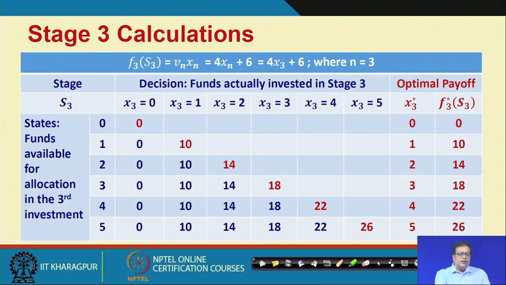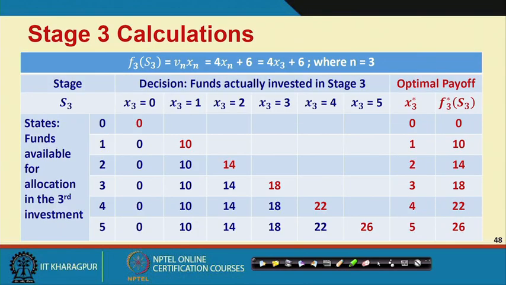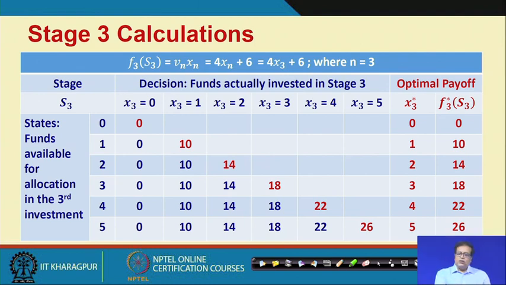Now, at stage S3, you have 6 investment options. Obviously, at stage 3, one may not like to make use of these investment options. One may say that whatever remains we might spend, as that has come out as optimal also. But let us say, for the sake of argument, that we really go for it.